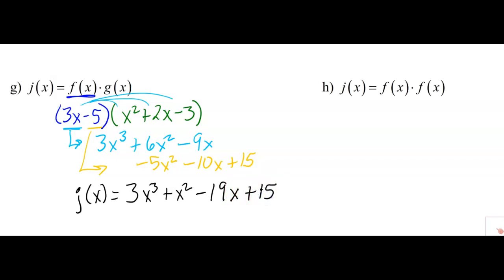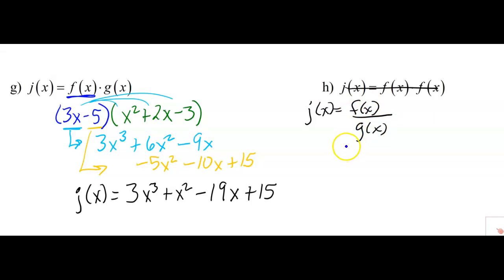For right now, since we're just doing an introduction to this, if you end up with a division set, we're not going to worry too much about simplifying that. So for example, if I actually had j of x equals f of x divided by g of x, just write that with what it is.